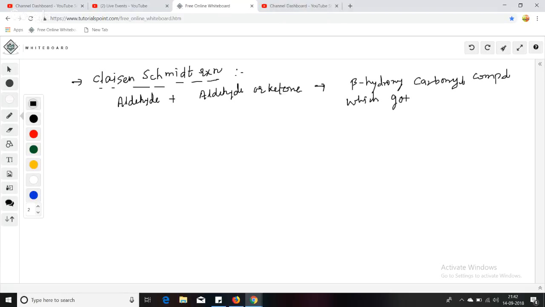Which goes under dehydration to form an alpha beta unsaturated carbonyl compound.